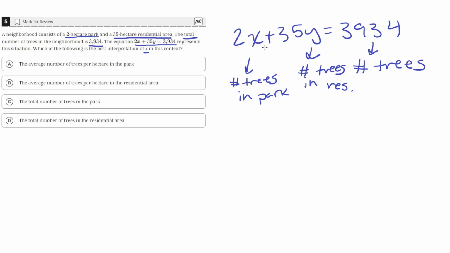So this quantity right here, the x, must be the average number of trees per hectare. Because when we multiply that with the size of the area, we get the number of trees in that area, which we add with the number of trees in the residential area to get the total number of trees. So A has to be the correct answer.